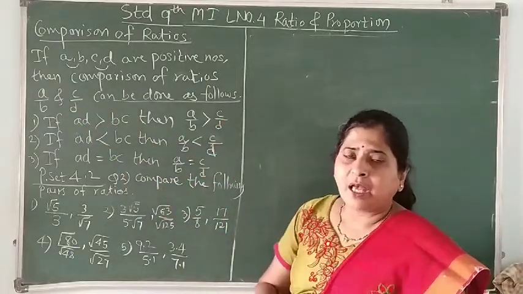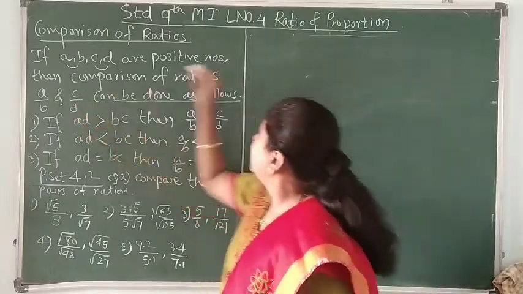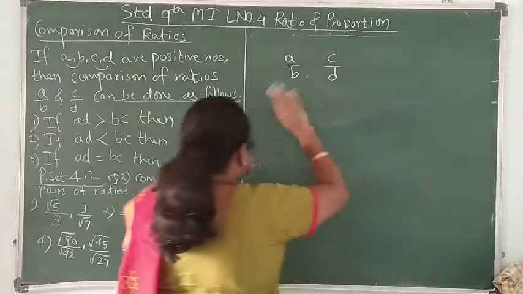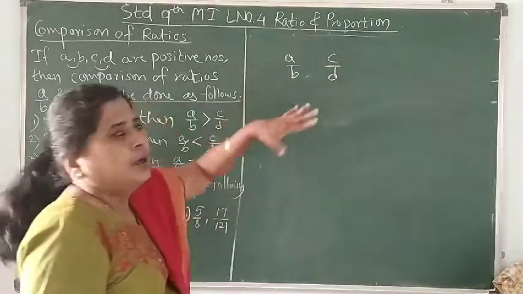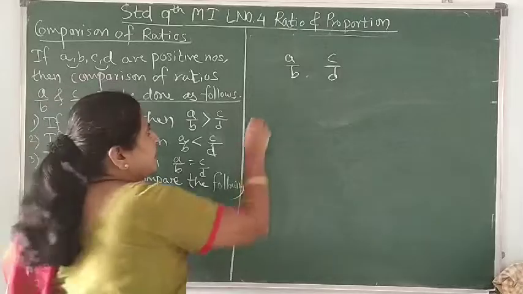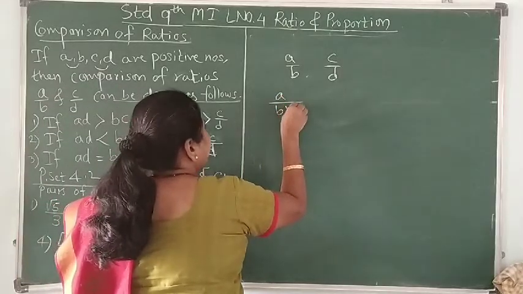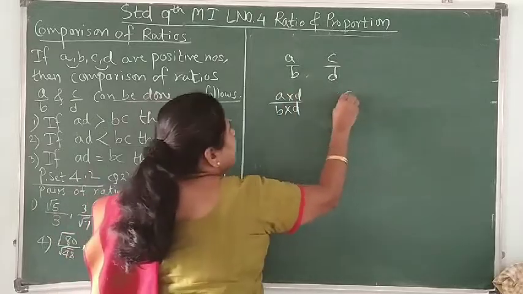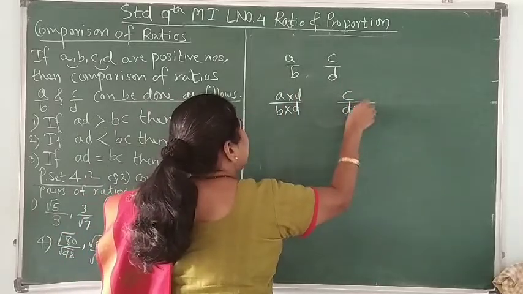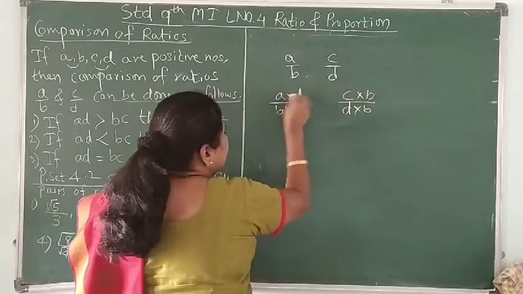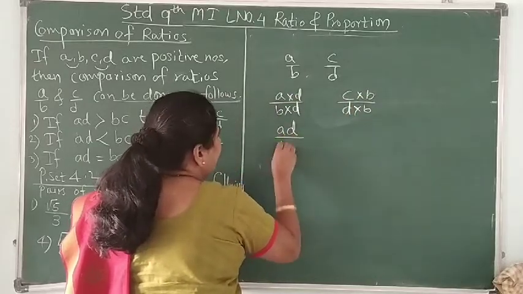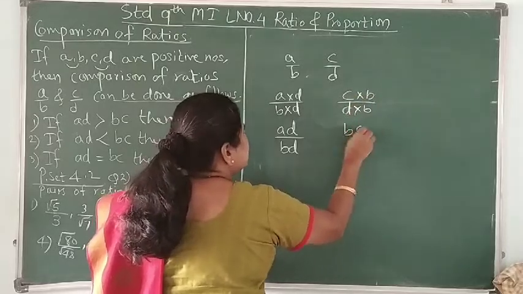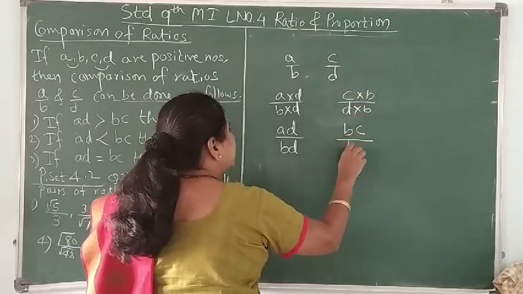Here, when we take A upon B and C upon D and want to compare these two ratios, we are trying to equalize the denominators. In A upon B we multiply both numerator and denominator by D, and in C upon D we multiply by B. So the numerator is now AD and the denominator is BD, and here the numerator is C into B, that is BC, and the denominator is D into B, that is BD.